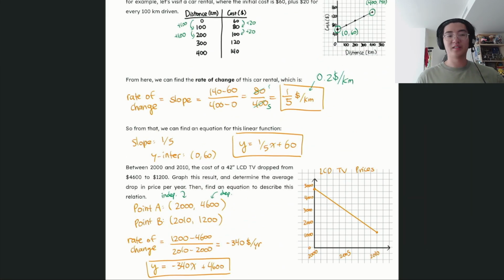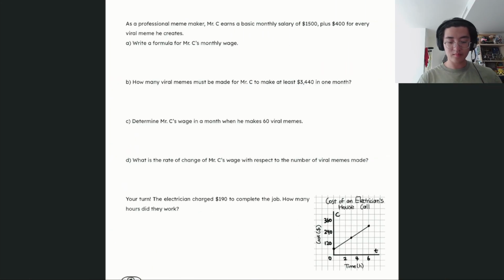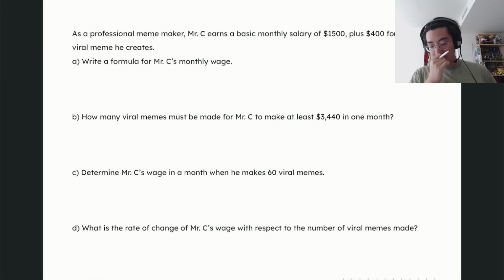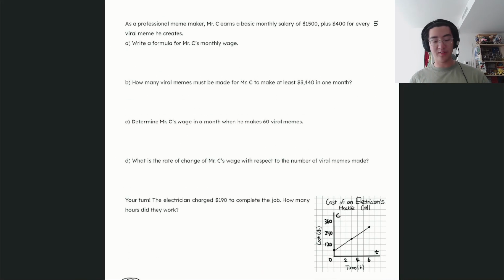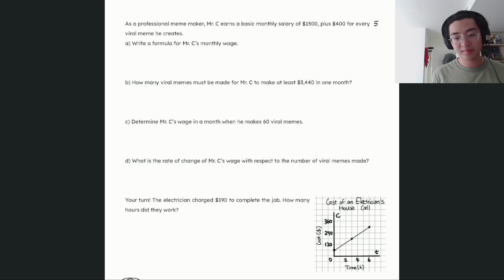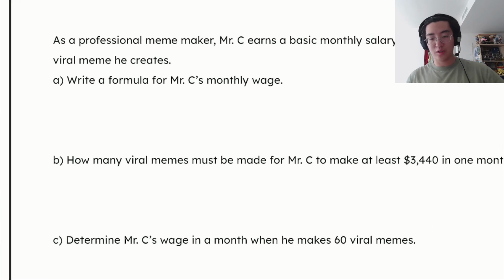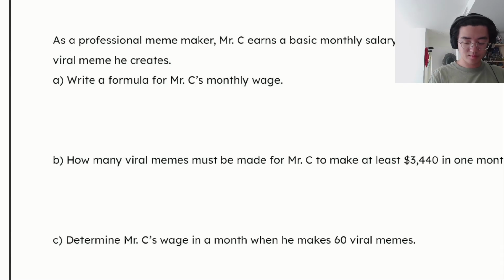Alright, rate of change. Okay, let's look at this example right here. As a professional meme maker, Mr. C earns a basic salary of 1,500 with an additional $400 for every viral meme he creates. So let's start by figuring out what his salary would be for every single meme he creates.